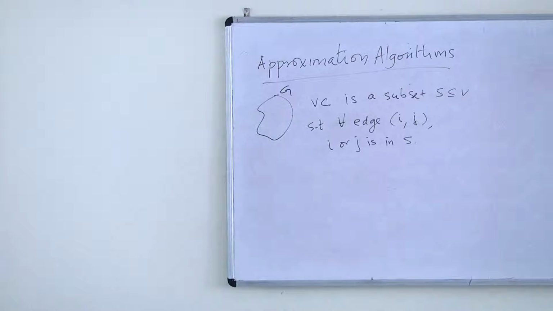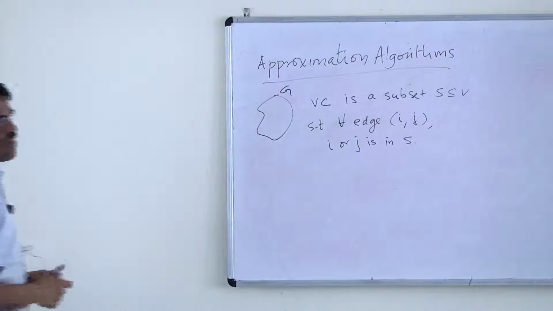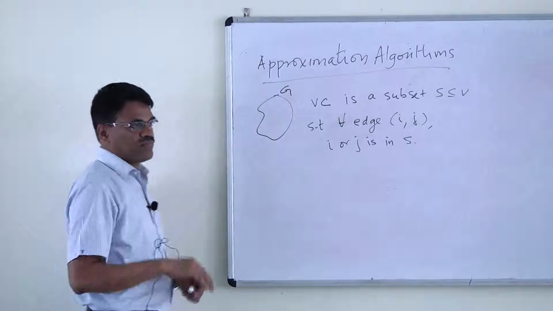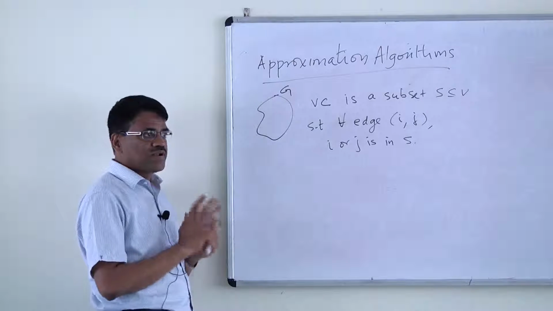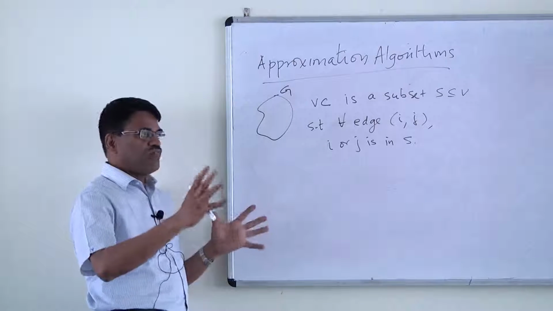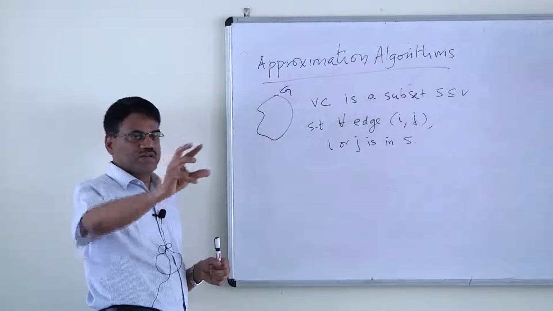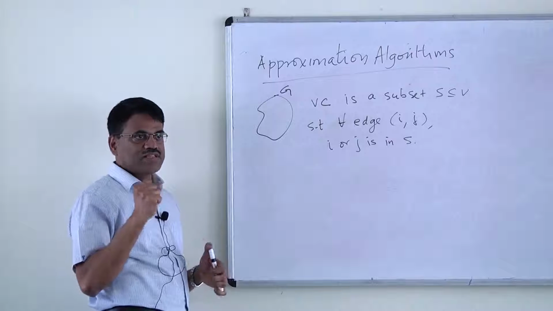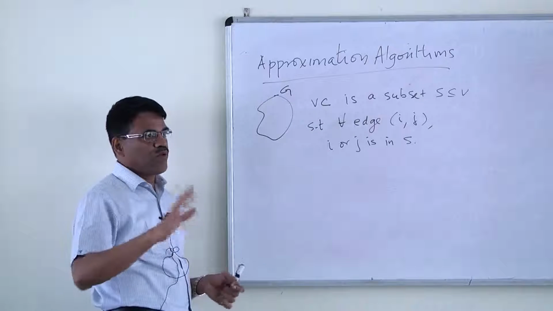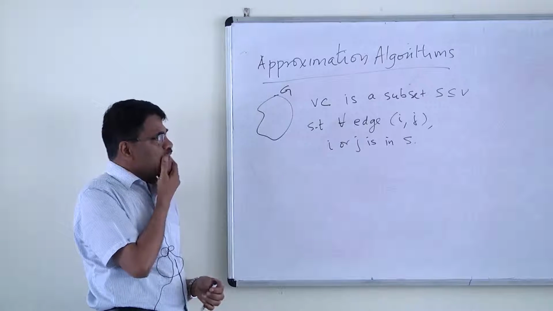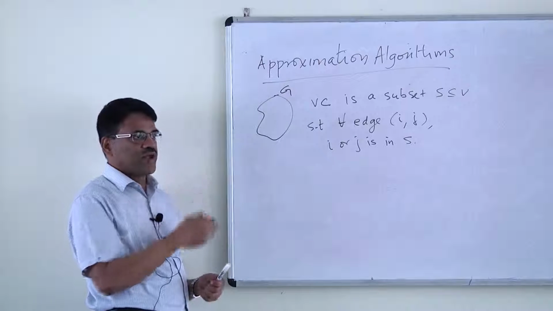Let me phrase it as a linear programming problem. It's very simple. You are given a graph, so there are vertices and there are edges. Now I want to pick a subset of vertices such that every edge has one endpoint in it. So let's formulate it as a linear program and see how it does.